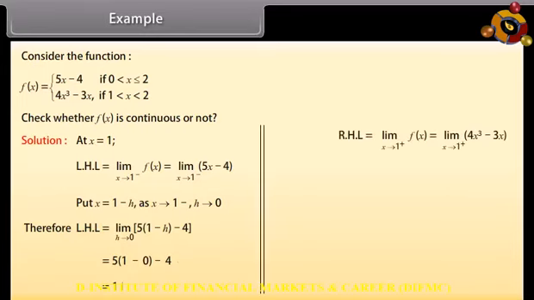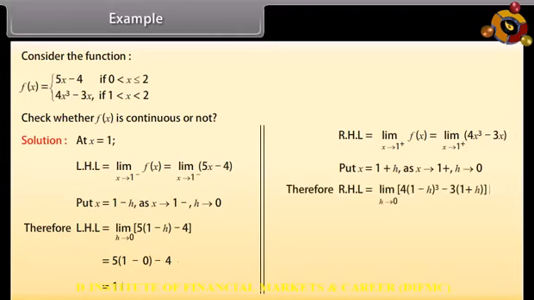Right-hand limit is equal to limit x approaches 1 plus f(x), which is limit x approaches 1 plus 4x³ - 3x. Put x = 1 + h. As x approaches 1 plus, h approaches 0.